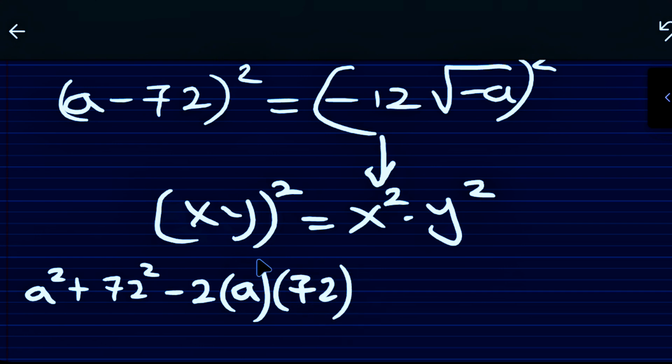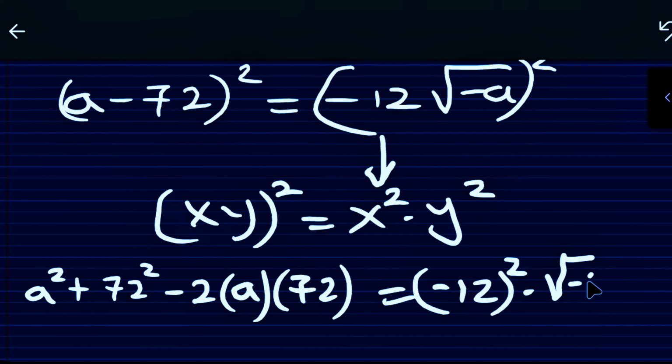We did something like this earlier. And for this right hand side, we are going to have x squared, which is minus 12 squared, then times square root of minus a all squared as well.